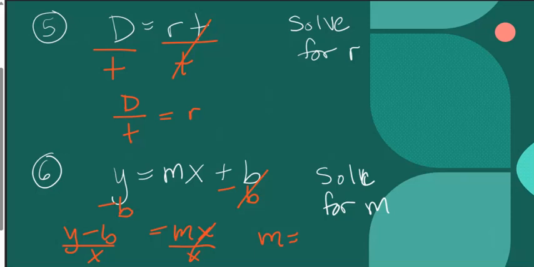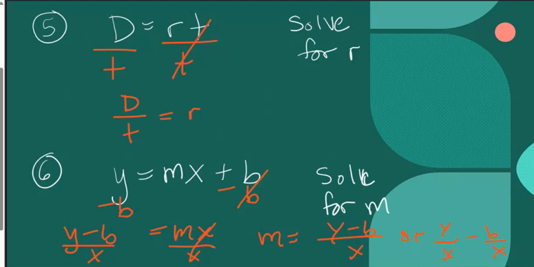So I could say m is y minus b all over x. Or if you wanted to, you could say y over x minus b over x. You can split it up either way.